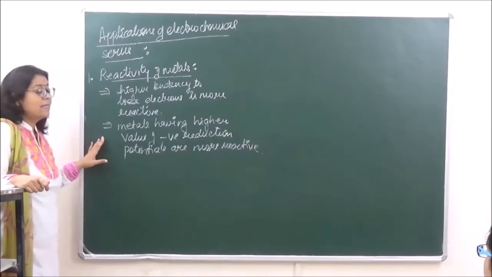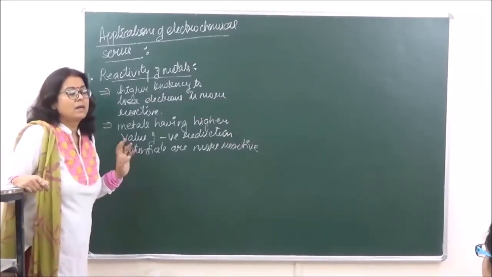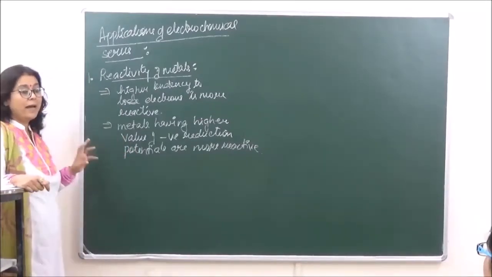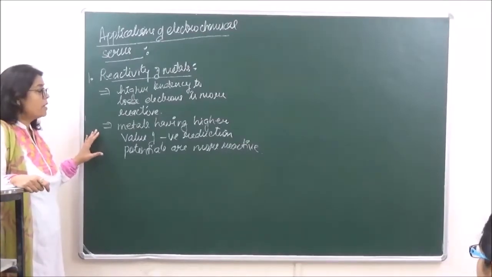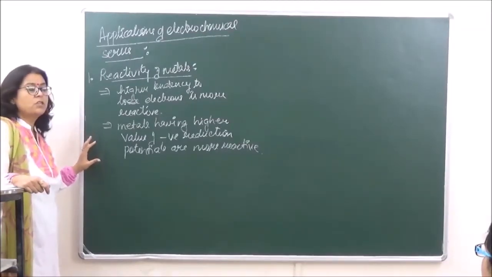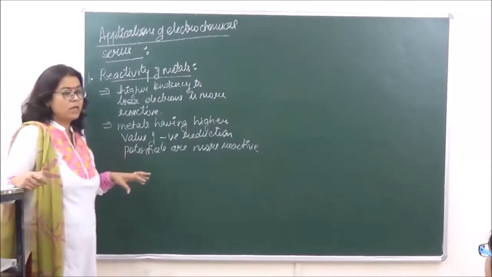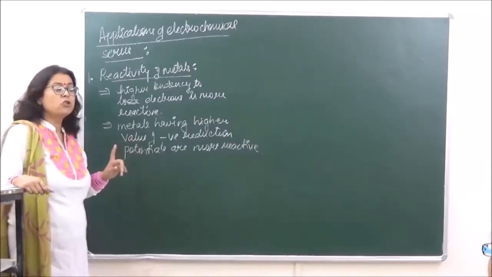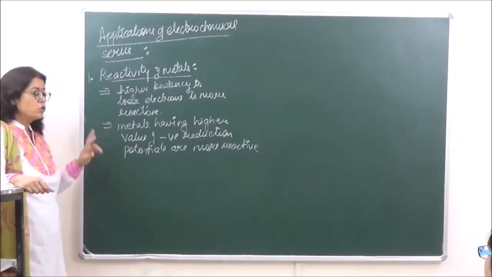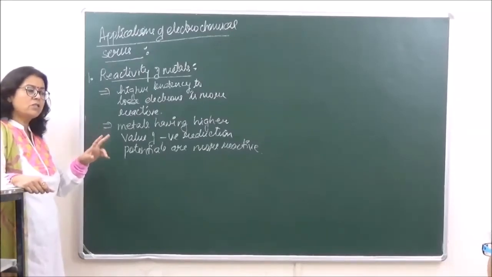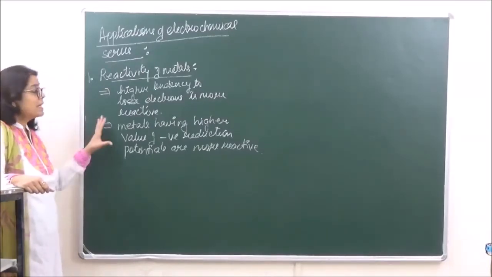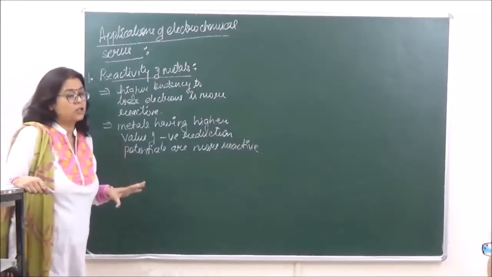But still, lithium has the highest value of reduction potential. Why? Because the value of reduction potential does not only depend upon the ionization energy, but it also depends upon the hydration energy. So the sum total of both ionization energy and hydration energy sets the value for reduction potential.